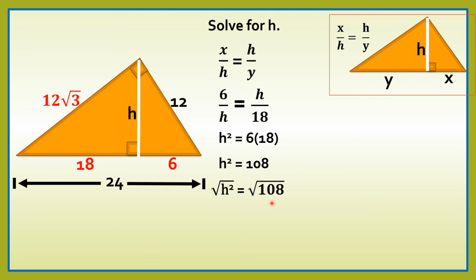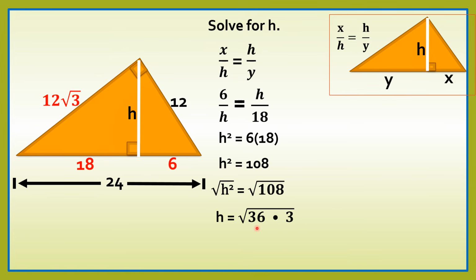Ang 108 is not a perfect square. So, ibig sabihin, kinakailangan nating i-factor yung 108 wherein 1 factor is a perfect square. So, let's have here h. So, h na lang ang matitira dito kasi nakakancel na natin ang square dito at saka yung radical sign. So, we have here for the factors of 108, 36, and 3.